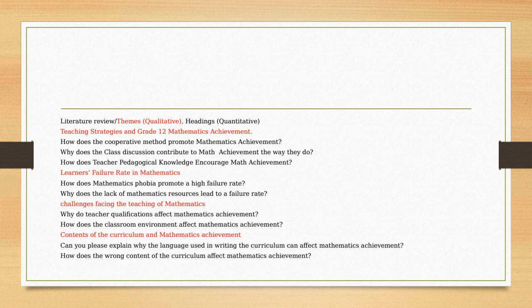That is for qualitative, so don't mix it up. Use qualitative questions, which are why and how. Then use quantitative, which is what. Though you can use why and how under quantitative, you can't use what too much under qualitative. Any other question?